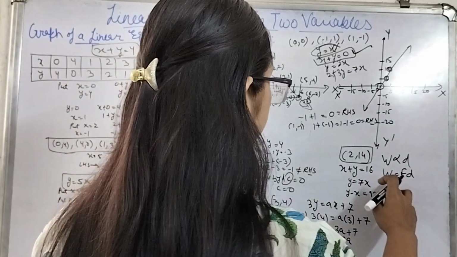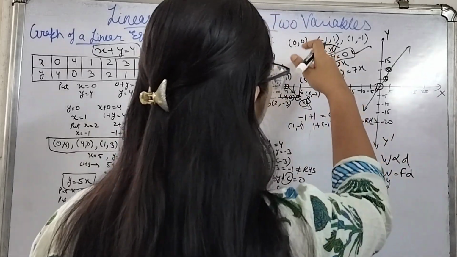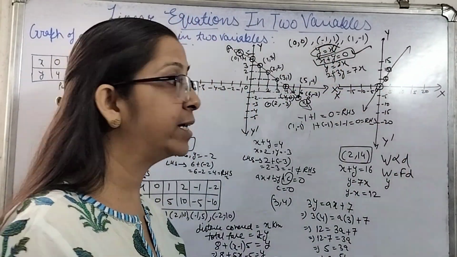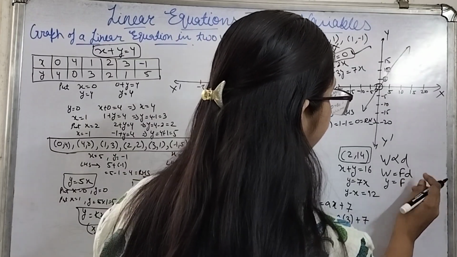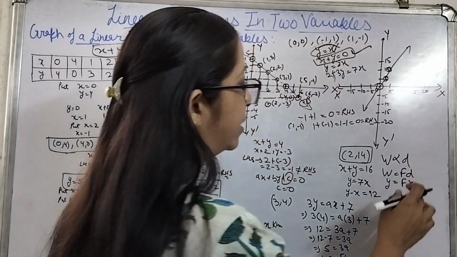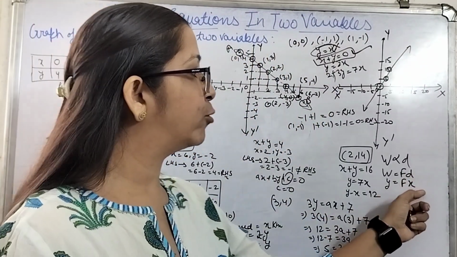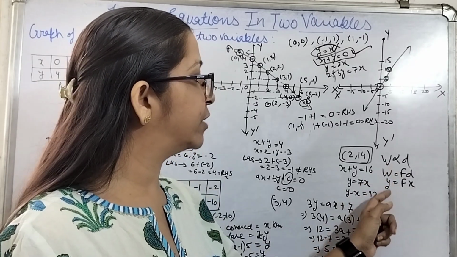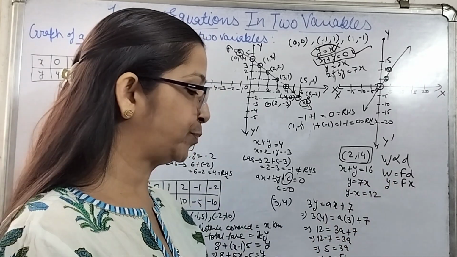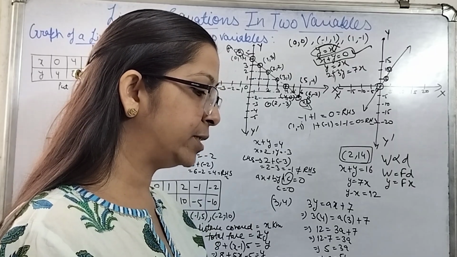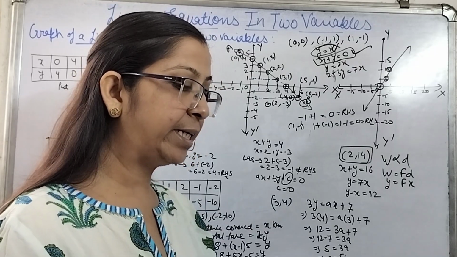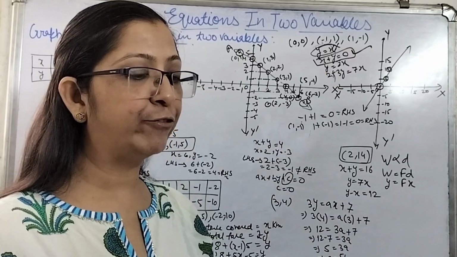We can take work done equivalent to y, because we have to plot the graph in terms of y and x. So we can take this as y is equivalent to F into x. Distance traveled we have taken equivalent to x, and work done we have taken equivalent to y. Now express this in the form of an equation in two variables and draw the graph of the same by taking the constant force as 5 units.